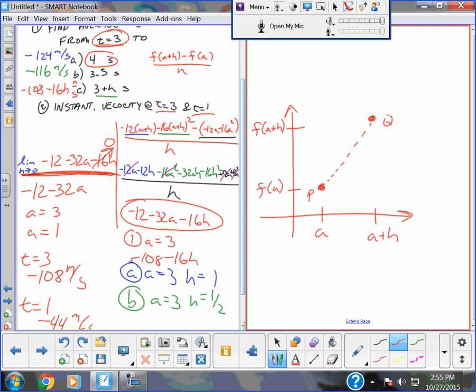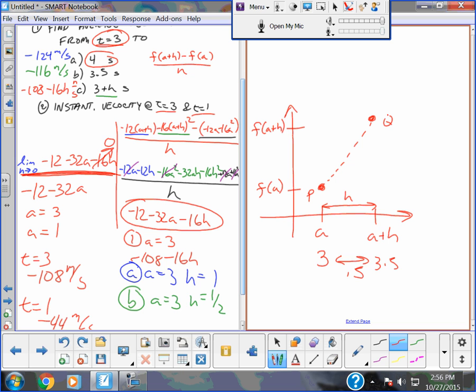And you can see that the distance is always starting at A and lasting for H seconds. So on one example, I had 3 to 4. H is 1. For the second one, it was 3 and 3.5, right? So H was 0.5.